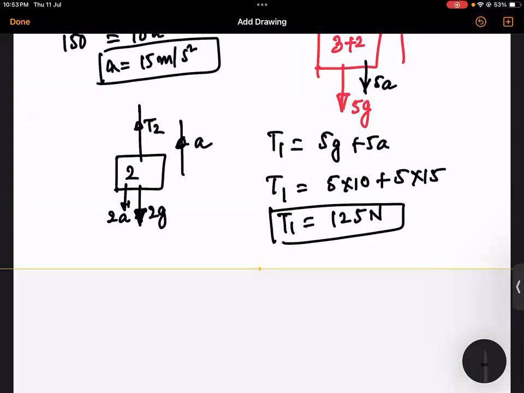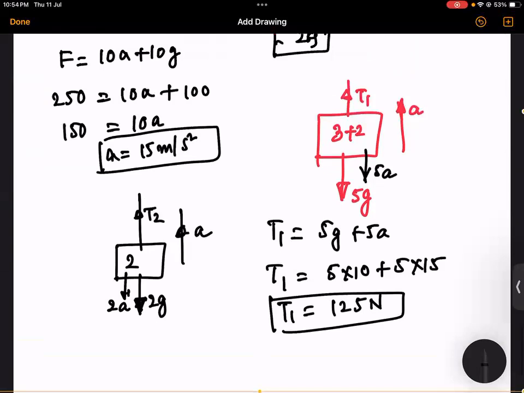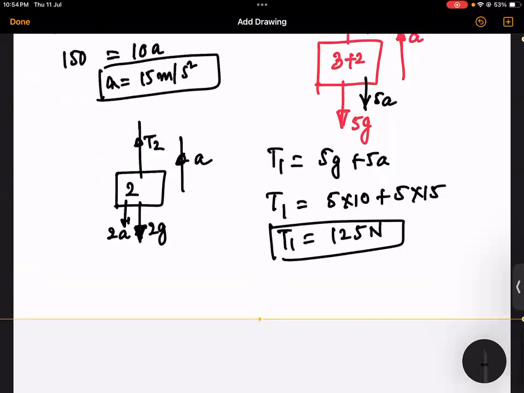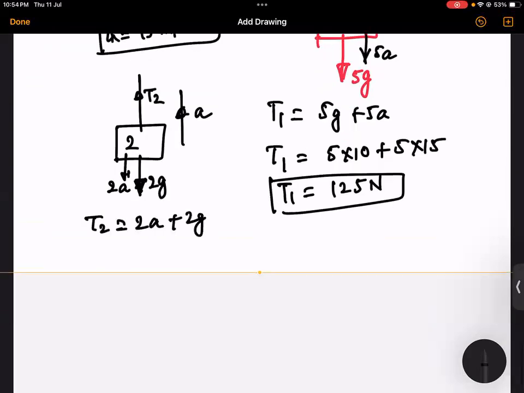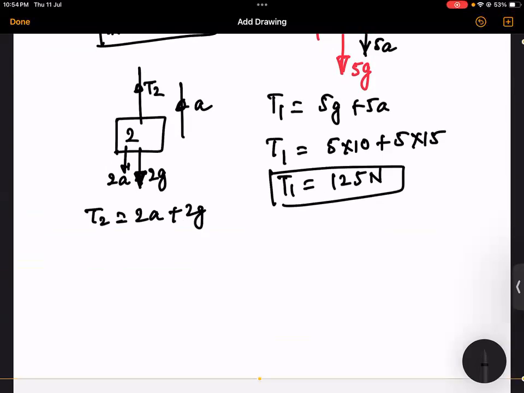Therefore, T2 will be equal to 2A plus 2G. So T2 is equal to 2 into 15 plus 2 into 10. Therefore, T2 is equal to 30 plus 20, that is equal to 50 Newton.